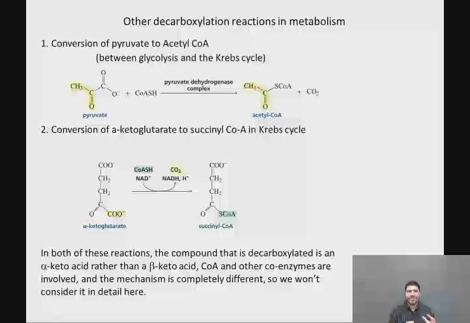The mechanism of these reactions is different from the mechanism we looked at on the last slide and the one before it, of beta keto acids undergoing decarboxylation. Within this lesson, we are not going to cover these reactions in detail, but you just need to know that under biological conditions with the proper set of enzymes and cofactors, you can decarboxylate alpha keto acids as well as beta keto acids, even if you can't do that in the laboratory.